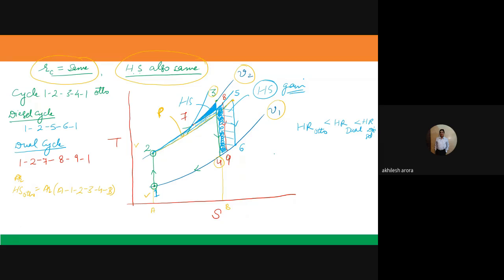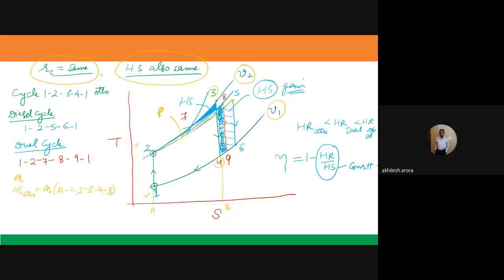Now I can go for writing the expression for the efficiency. It is equal to 1 minus heat rejected divided by heat supplied. Now this heat supply is constant in all three cases, and this heat rejection is varying. So wherever the heat rejection is minimum, the value of this fraction will be minimum, and then the efficiency will be maximum.